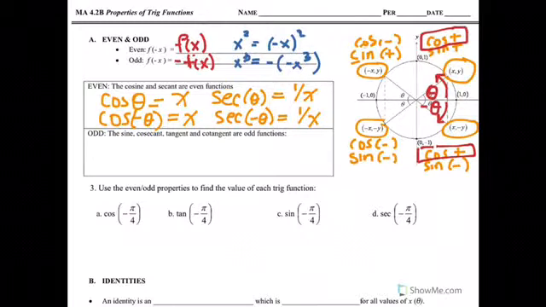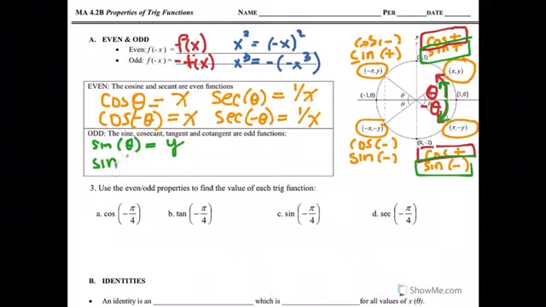Now, everything else, when you plug in a negative angle, becomes negative. So let's look at the sine. If I have a positive angle, I have a positive sine. But as soon as I come backward and have a negative angle, notice that I had a negative sine. So the sine is odd because the sine of positive theta is y, and the sine of negative theta is negative y.